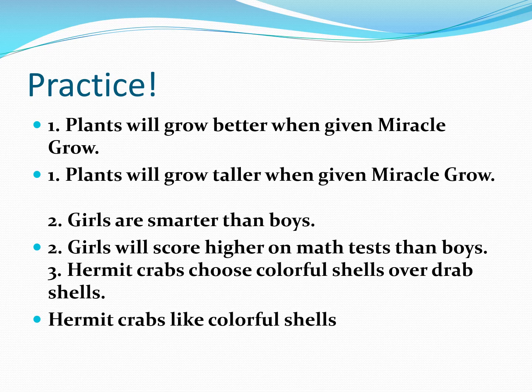But one of these is a better option than the other. In both cases, the if part is I'm going to put plants in Miracle-Gro, and the then part is what happens to these plants in Miracle-Gro.